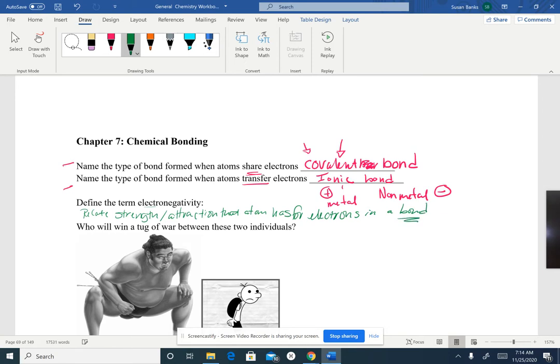So we are going to see how strong an attraction an atom has for electrons when that atom is in a bond.